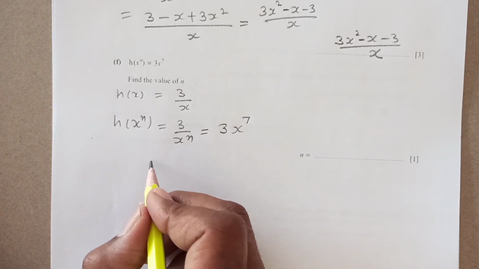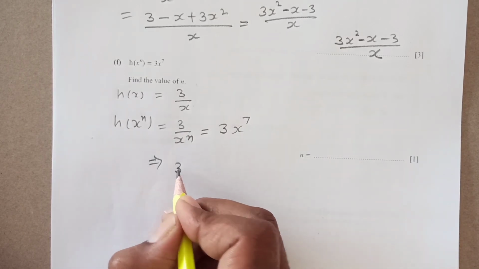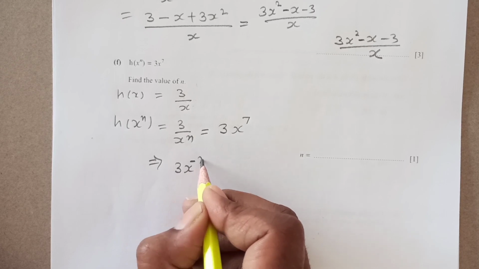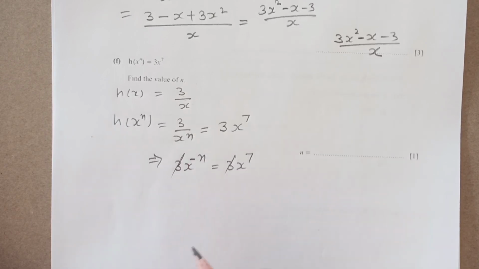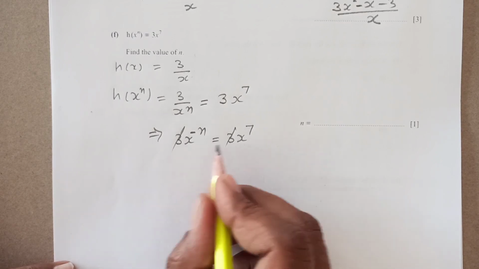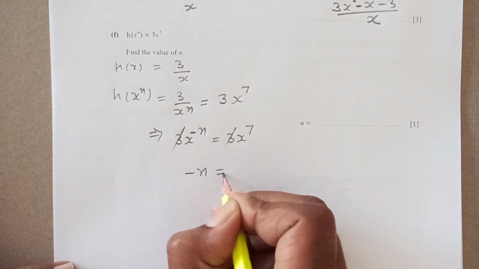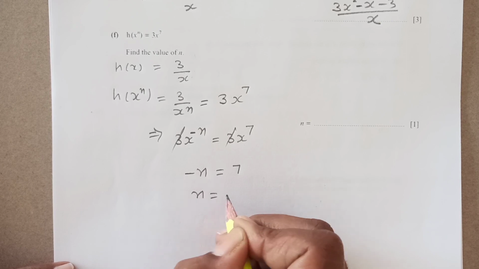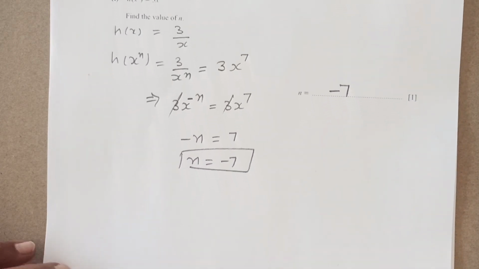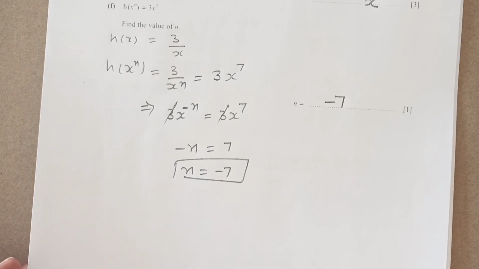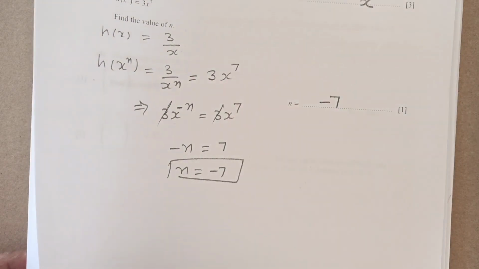So this can be written as 3x to the power negative n. This is 3x to the power 7. So this 3 and 3 is gone. So base is same. So negative n is equal to 7 and n is equal to negative 7. Right?